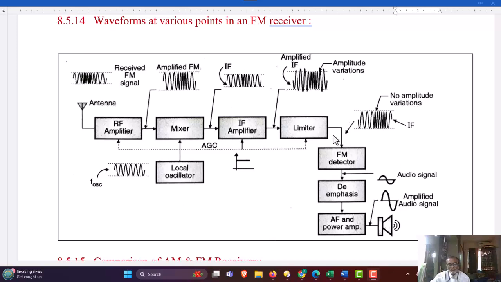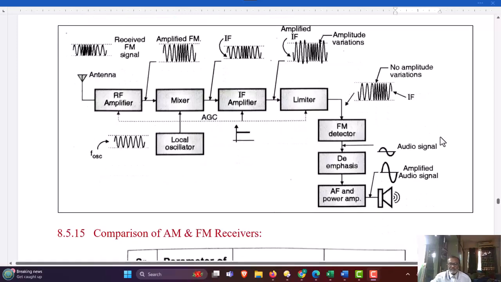So therefore the next block after this mixer operates at a constant bandwidth. In the IF amplifier, just the amplitude of the frequency modulated waveform is increased. If there are any variations in the amplitude, those can be eliminated by the limiter, and therefore you will get the noise eliminated frequency modulated signal at the output of the limiter, with carrier frequency equal to intermediate frequency, say IF.